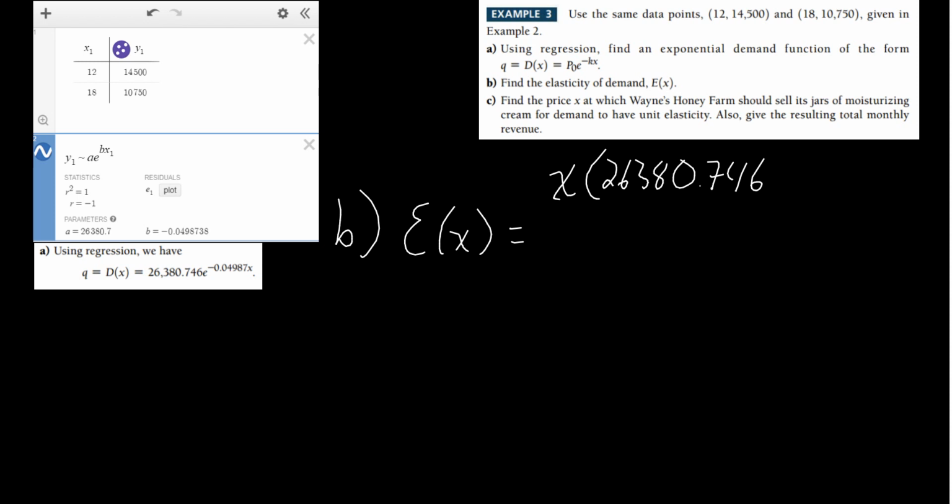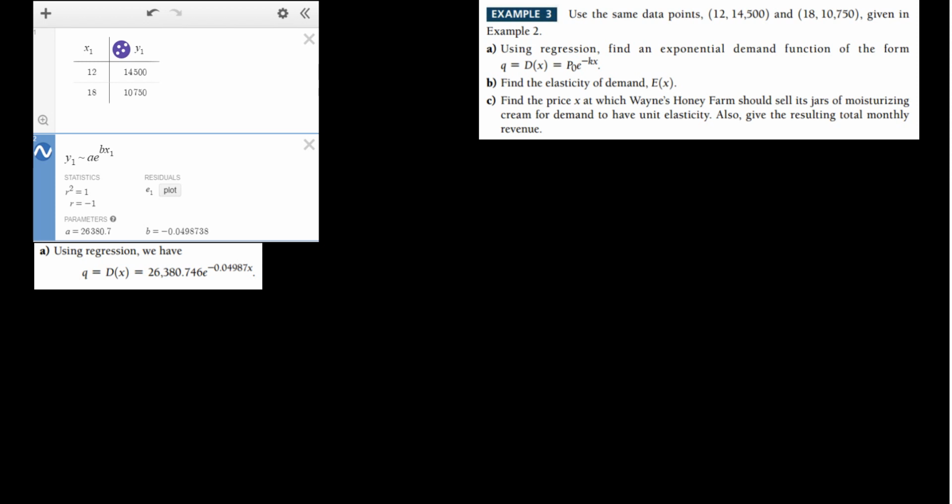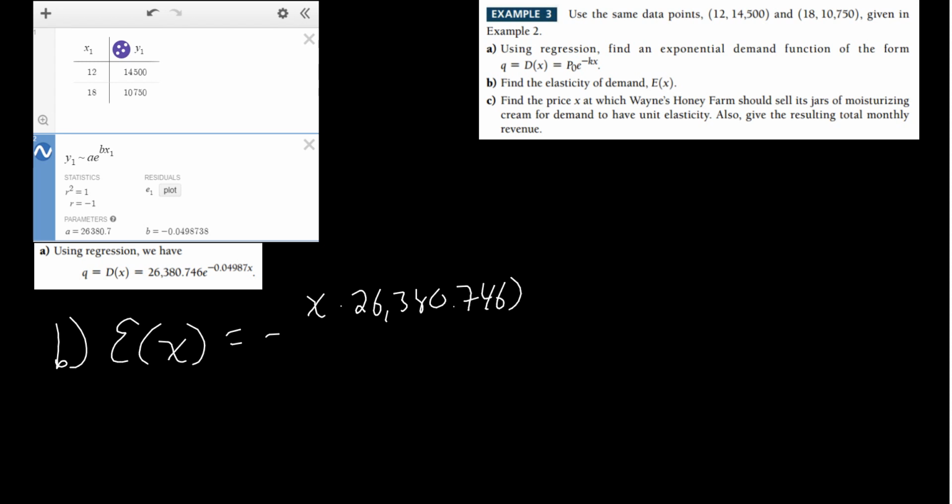Now we're going to have to move this down below. It's going to get very long. So we have x times 26,380.746, and then it's going to be that, and then the derivative.